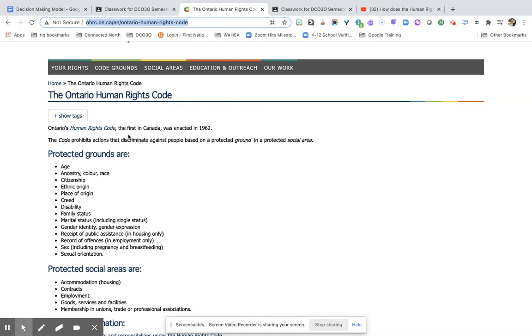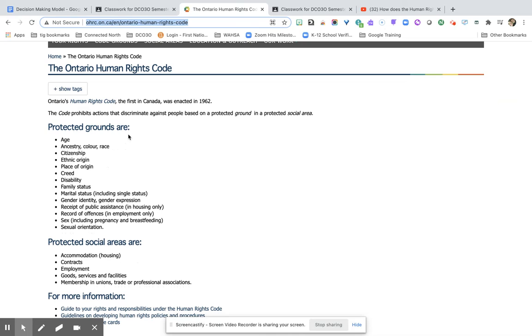Those things are listed here. People are protected by age, ancestry, citizenship, their ethnic origin, where they come from, and whether they have a disability. They are not to be discriminated against. Their family status, their marital status, their gender identity.